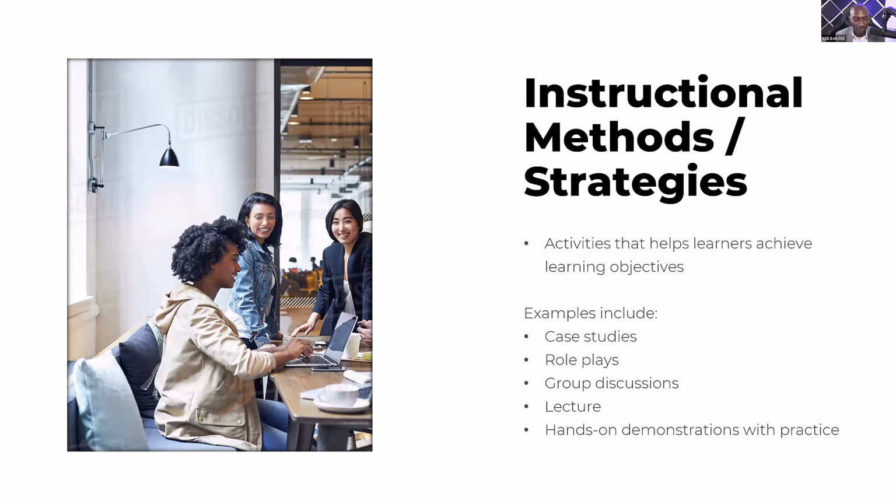These things are vehicles that would help the learner to get to that destination, right? You can call them activities, you can call them techniques, you can call them methods, but they're basically things that you're going to have the learner engage in order to get them to meet the learning objectives, right?